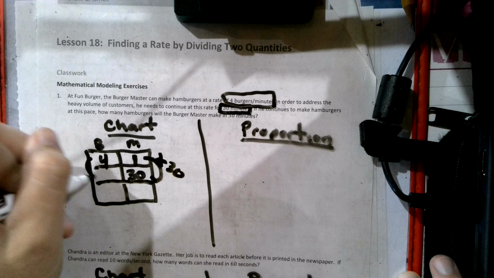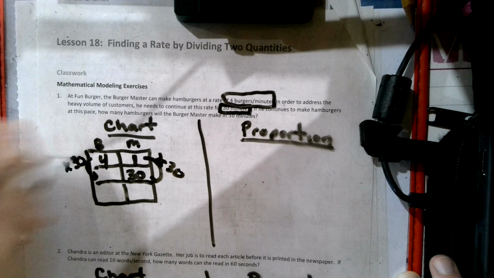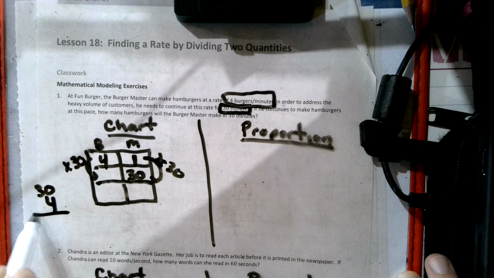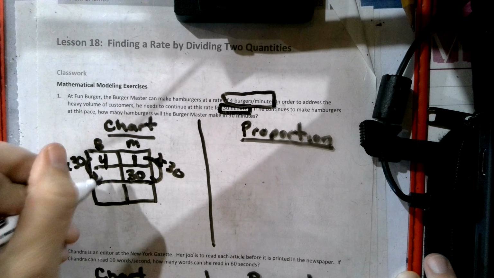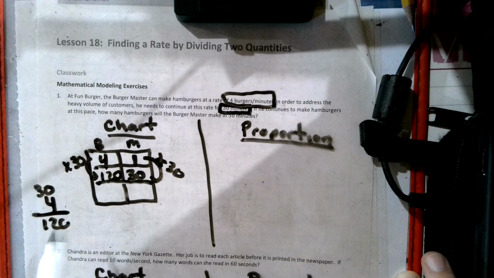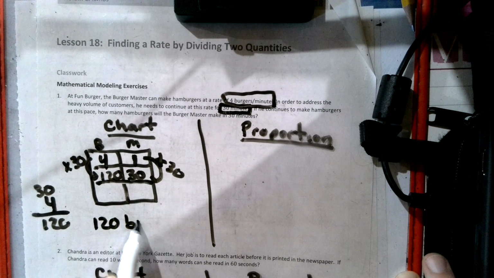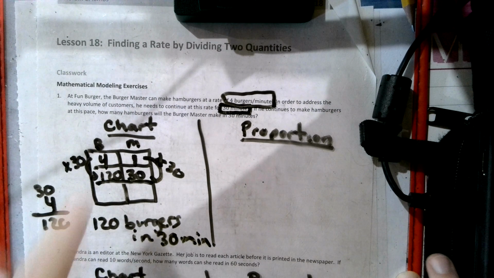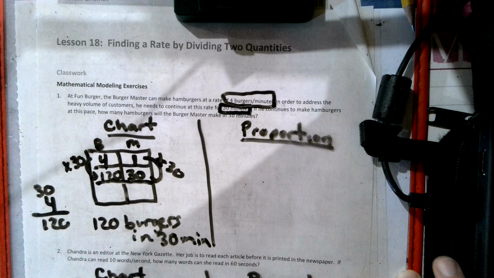So let's do it to this side, times 30. Then we take our 30 and we times it by our 4, and we're going to get 120. So that means he will be able to make 120 burgers in 30 minutes if he stays on that 4-to-1 pace.